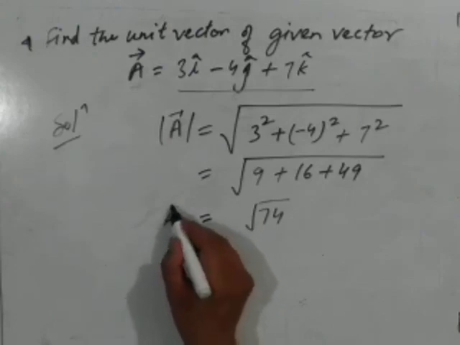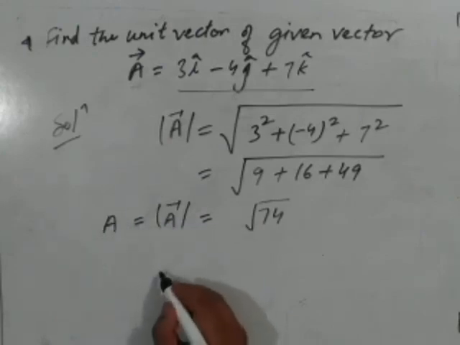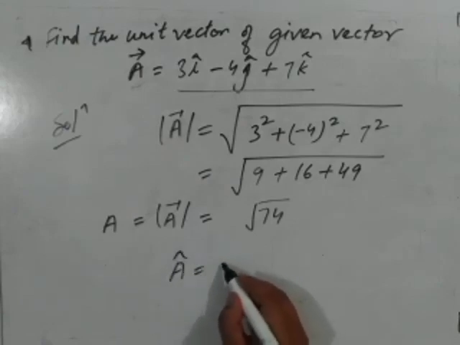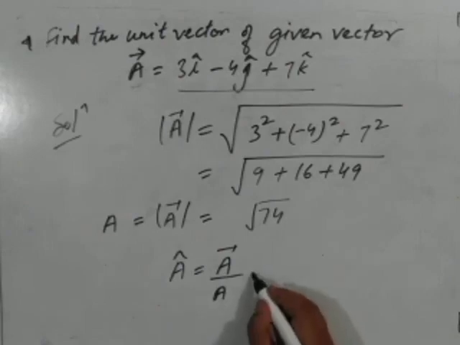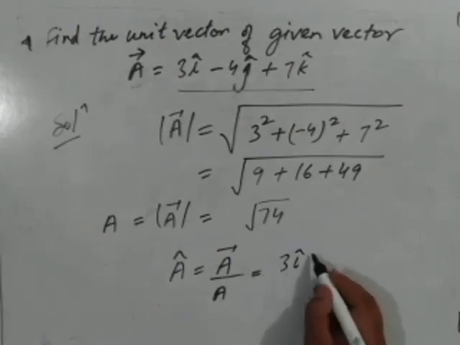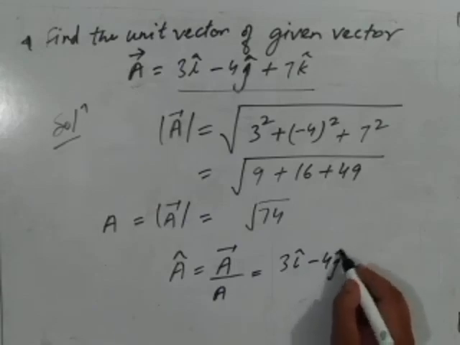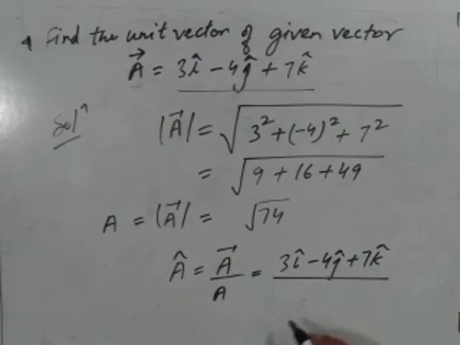So this is the value of mod of A, or simply A, and we have to find out the unit vector. So it becomes A vector upon A, that is equivalent to 3i minus 4j plus 7k upon under the root 74.